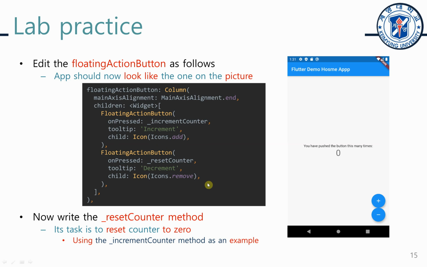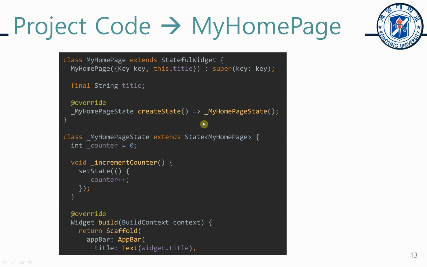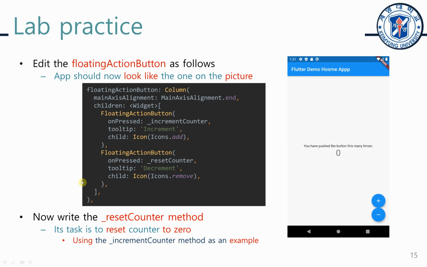If you see this code, when the first button is pressed, it will call increment counter, so it will call this method. Then I want you to write a method similar to increment counter, called reset counter.